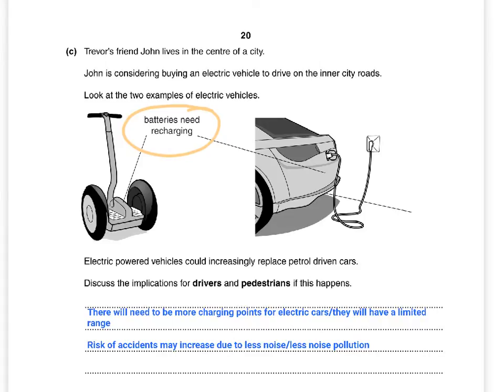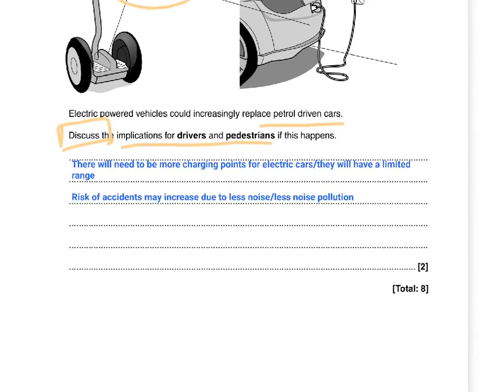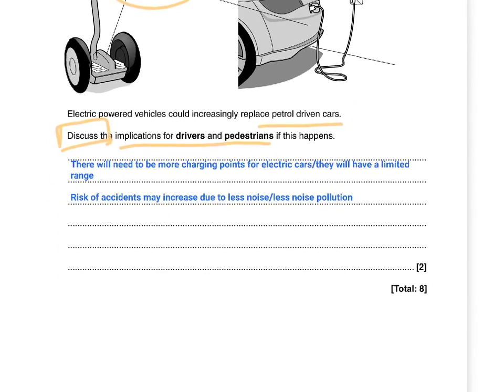Electric powered vehicles could increasingly replace petrol driven ones. That is true. Discuss the implications for drivers and pedestrians if this happens. So what will be the implications if we do replace all our fossil fuel powered cars with electric vehicles?